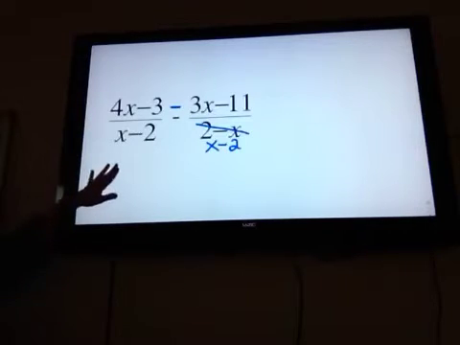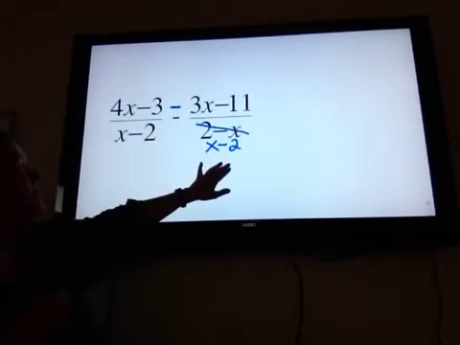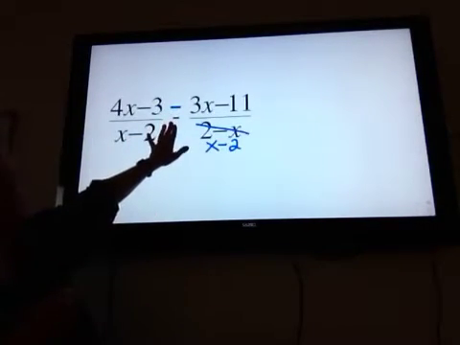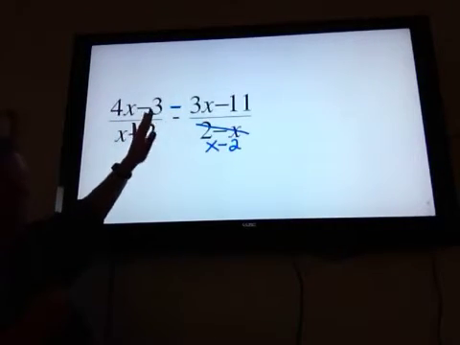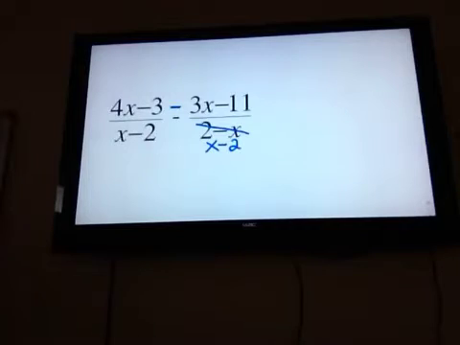So anytime that you are changing an inverse, it's going to change that operation. If it had been an addition, it would have become a subtraction. So now this just becomes a big plus sign. Very good. So if you have inverses, make them the same. Okay, so x minus 2 is now my denominator.